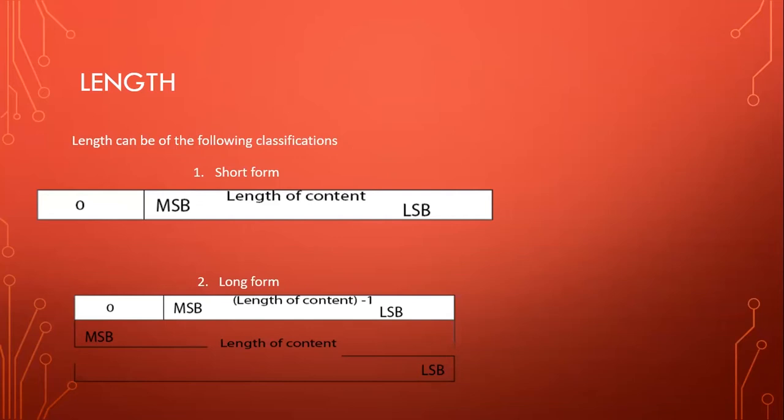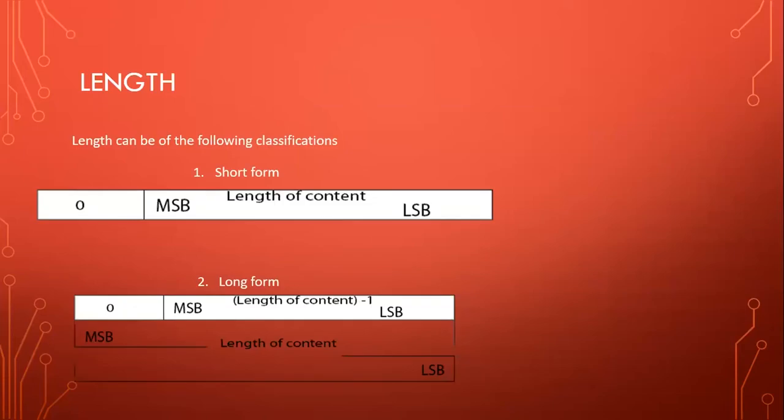Like, it's made up of primitive information elements. That means it doesn't have a constructor, or if you can say, it's just a primitive information element. For an indefinite or for a long form, it has more than one information element.